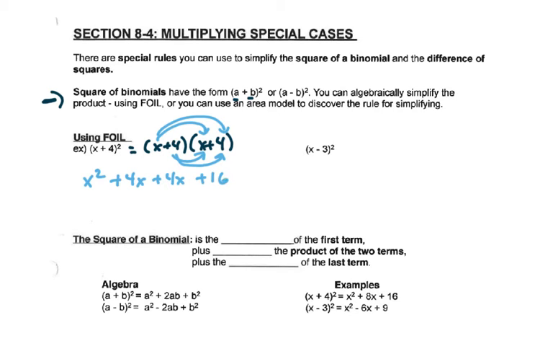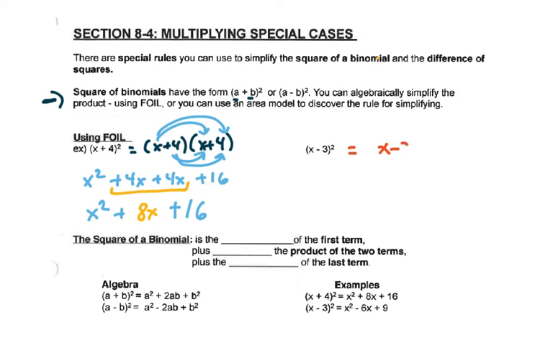What we notice consistently happens every time is the middle terms go together, and we get 8x. So we're left with x squared plus 8x plus 16, and we can't combine these because the rest of these terms are not like terms. Boom, there's our answer.